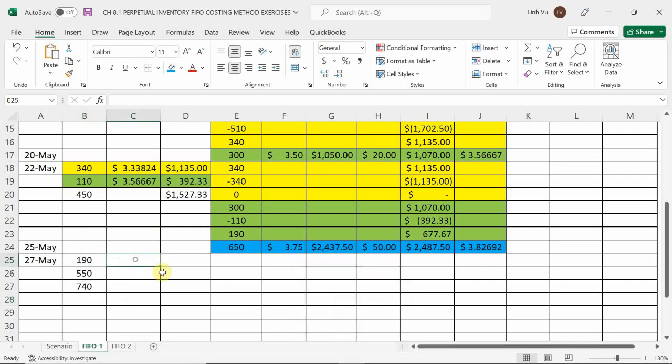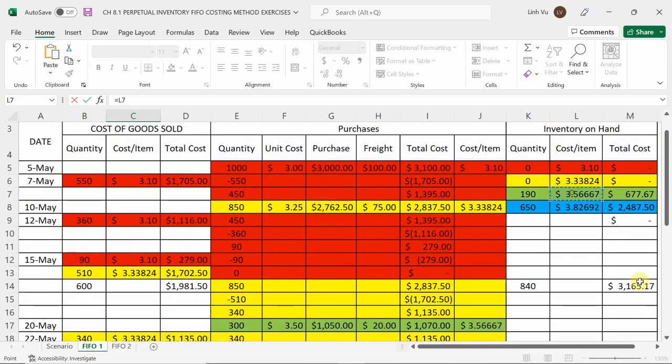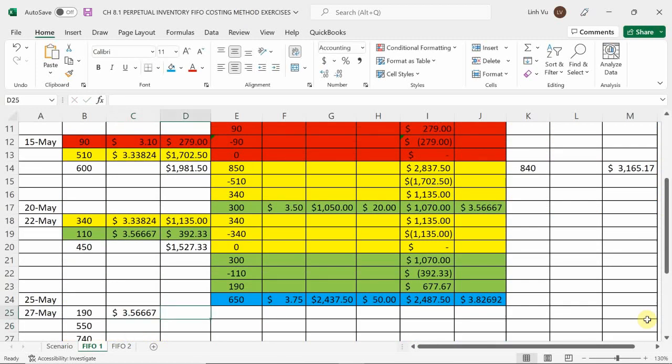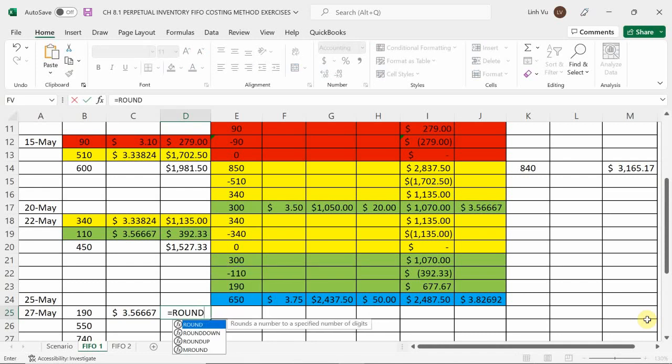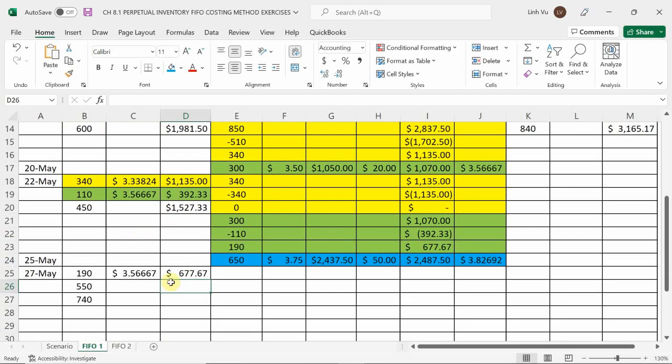So, in this case, my green batch of 190, we're going to get rid of all of it, which is going to cost me $677.67, right? We know that because we're taking all of it. Okay. So let's zero that out.